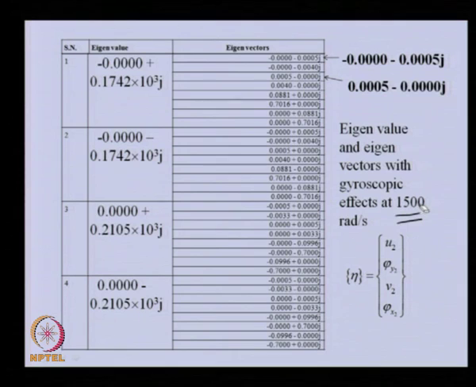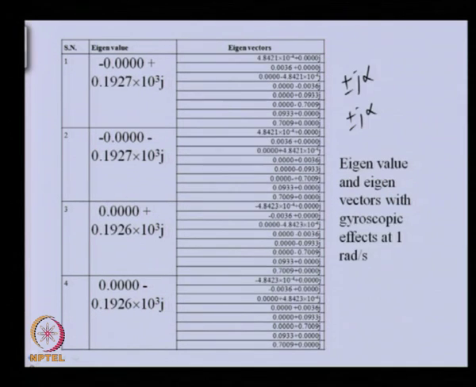For high speed we expect that now this eigenvalue, so this is one complex conjugate, this is another. Now they have different values, and you can see one is less as compared to the previous one, and another is more. So basically the splitting of the natural frequency is taking place. We can see that it was 1927.